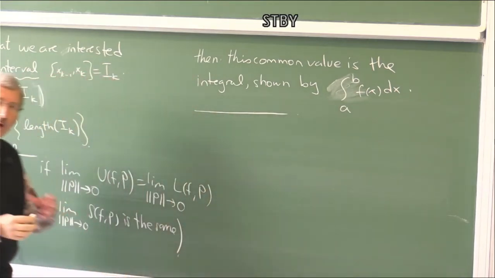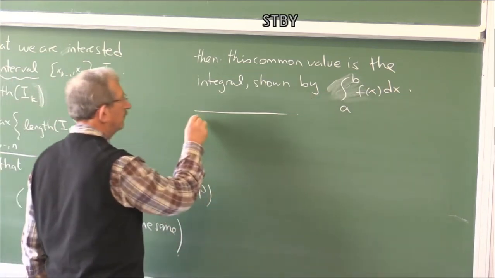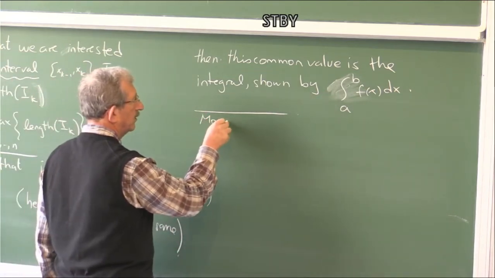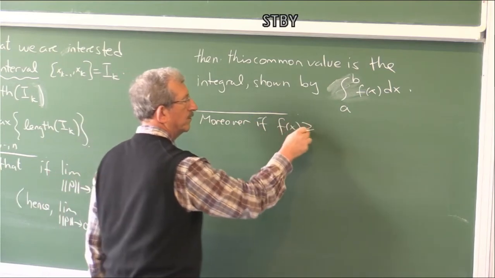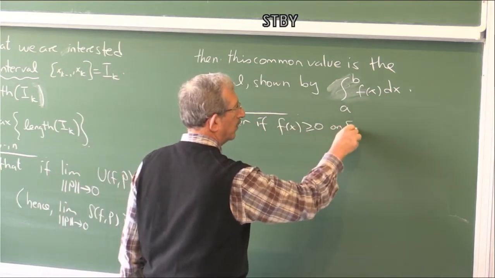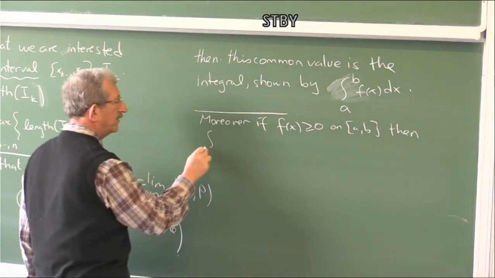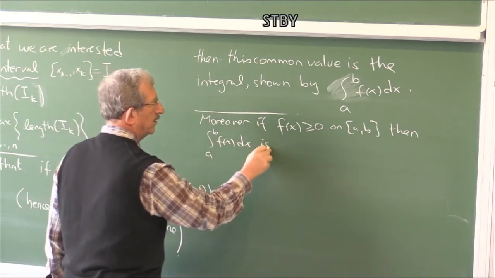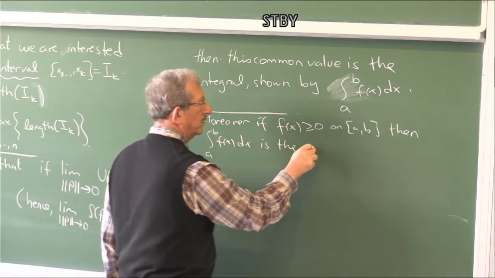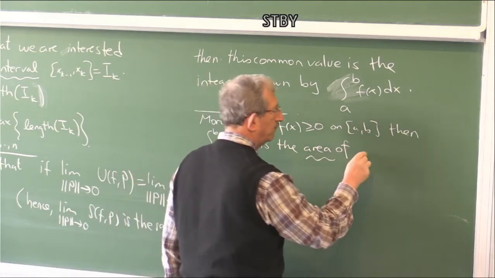And then, of course, we had one more thing, that if f were positive, then we said that this was the area of the region.